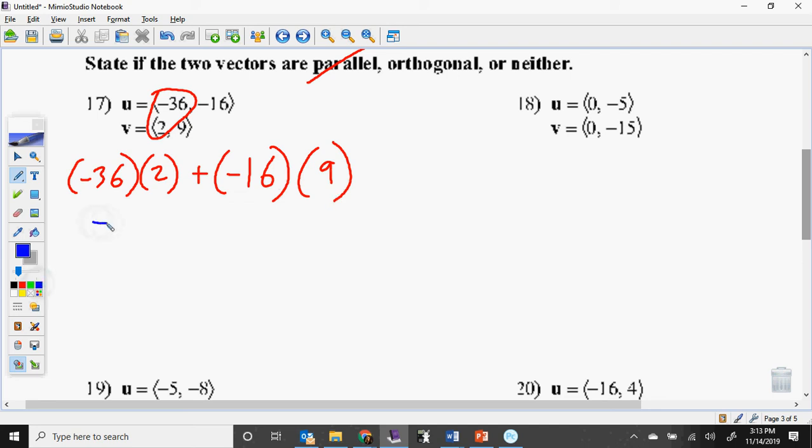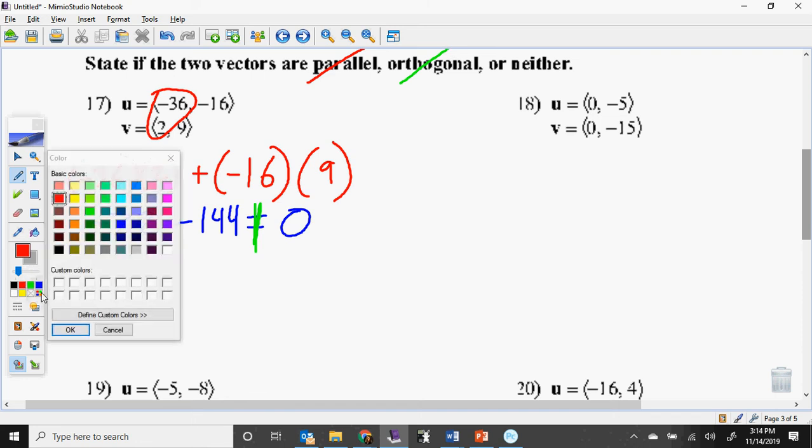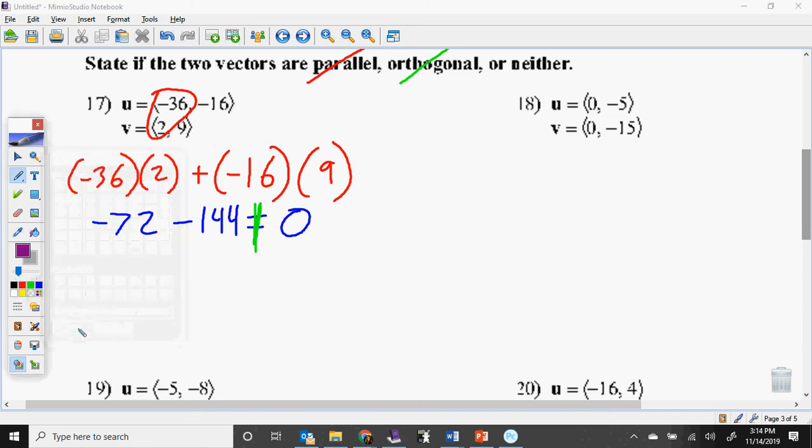Negative 36 times 2 gives me negative 72. 16 times 9 is 144. Well, negative 72 minus 144, does that equal 0? No, it does not. So not orthogonal. Well, if they're not parallel and they're not orthogonal, then they're neither.